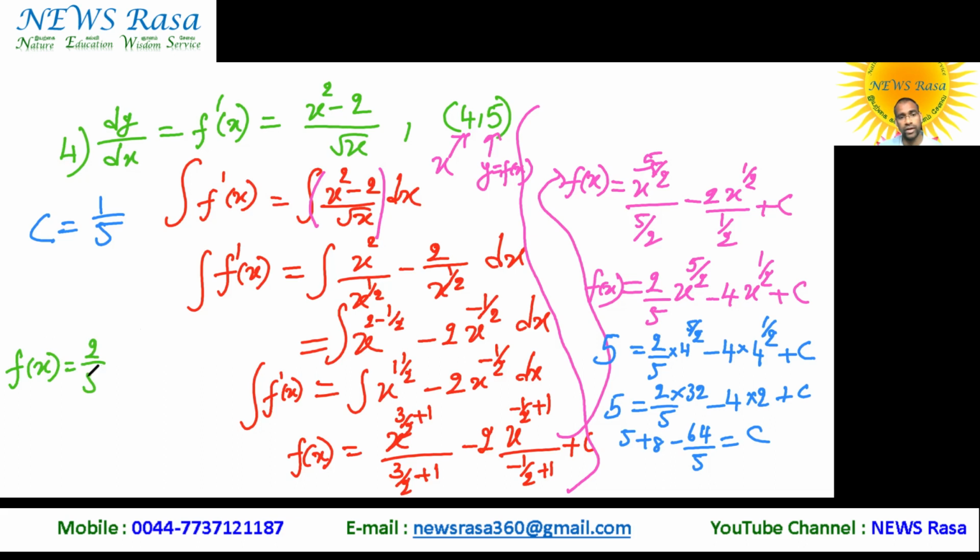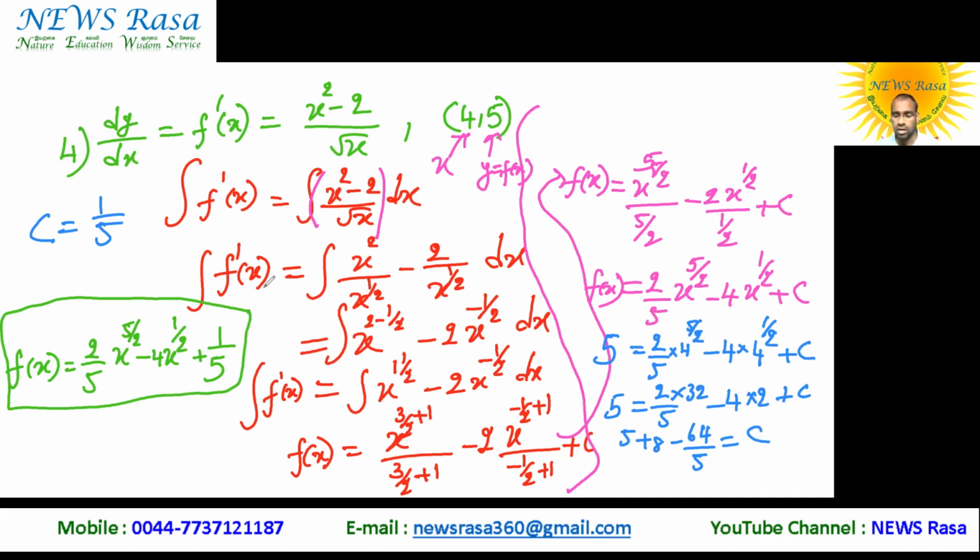So it's 2/5 x to the power of 5 over 2, and then minus 4x to the power of half. Okay, instead of c, I'm going to put plus 1 over 5. All right, so that is my final answer, and this is the equation for the curve.